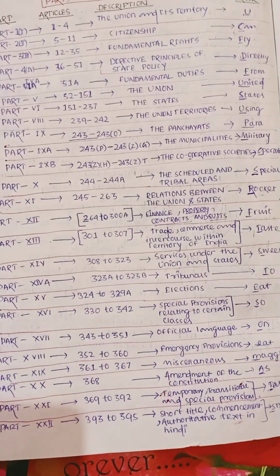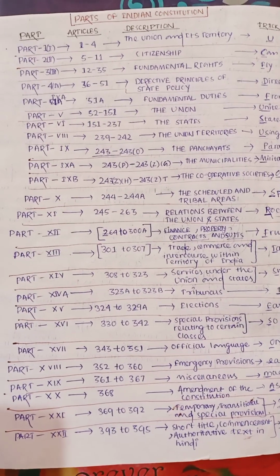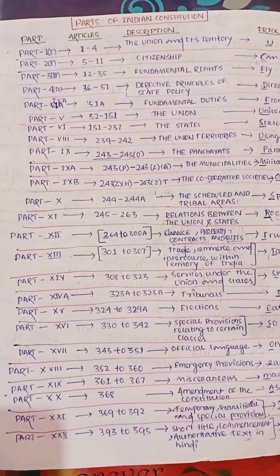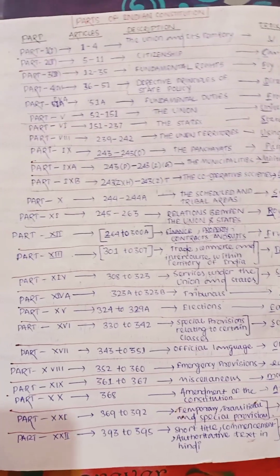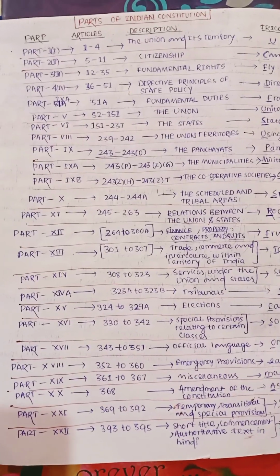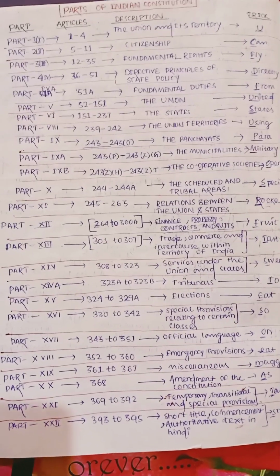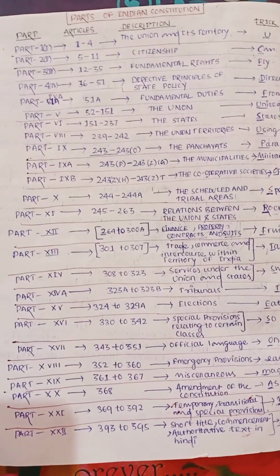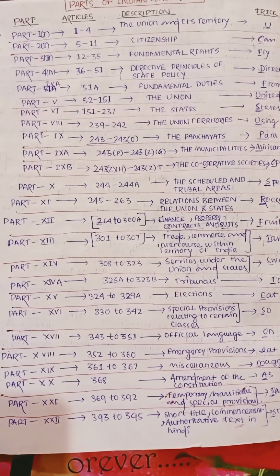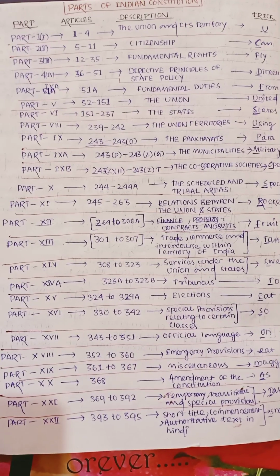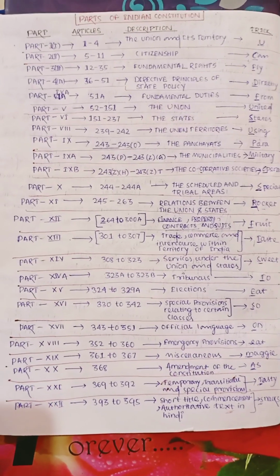The fundamental duties, trick is from, and the union, to remember union, the trick was united, and the states, the trick also the states, and the union territory, the trick is using. The panchayat, the trick is para, the municipality, the trick is military, the cooperative society, the trick is operation, and the schedule and tribal area is special, and the relation between the union states is rocket.